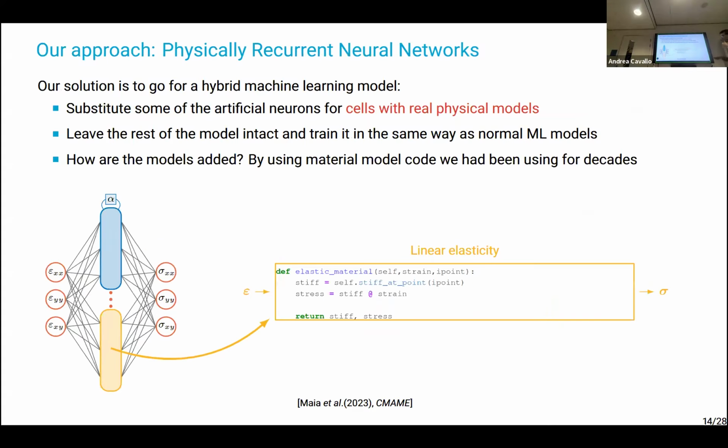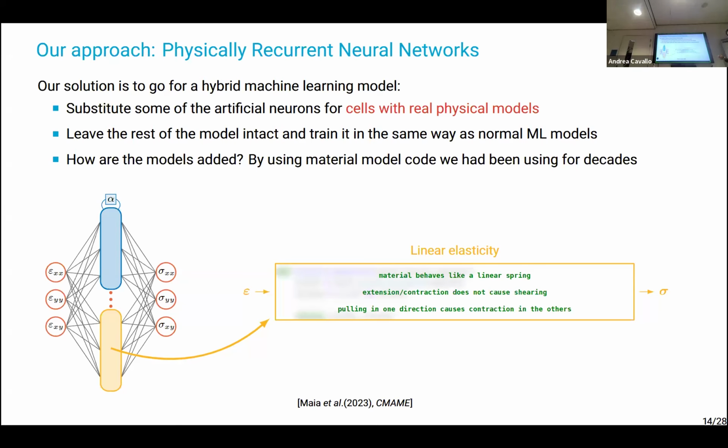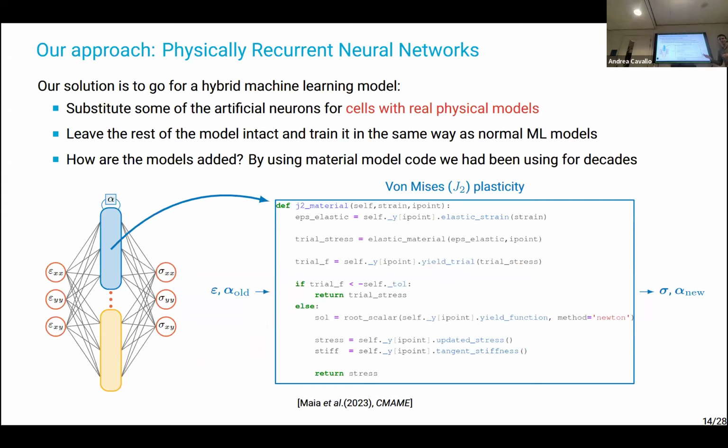Okay, just to make it very clear, this is the code for linear elasticity. We get the strain, we multiply by the slope of a line, so we get the stress. It's linear, right? We get this exact code and we put it in there. If I translate this to words, it just says that the material behaves like a spring. You pull it and it deforms linearly. This other one is more complicated. The one with the permanent strains, this is the actual code for that.